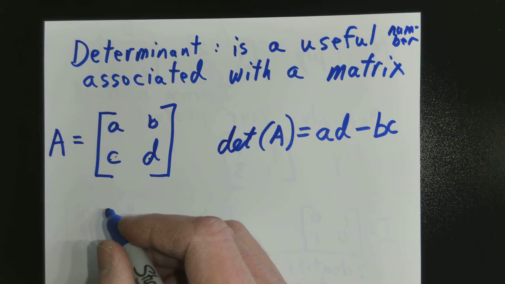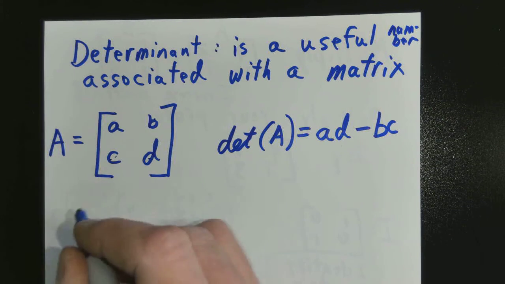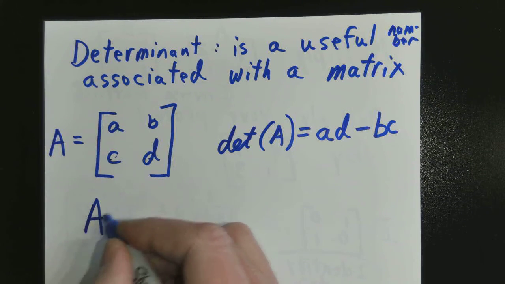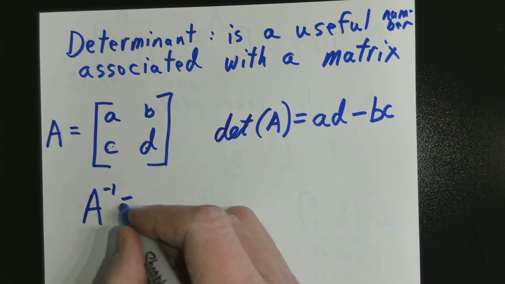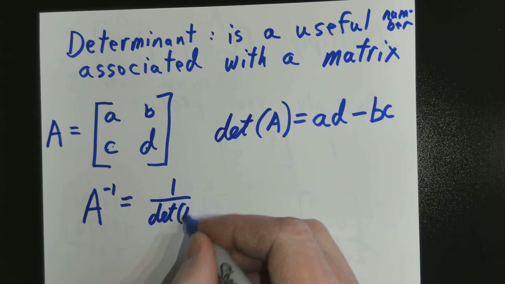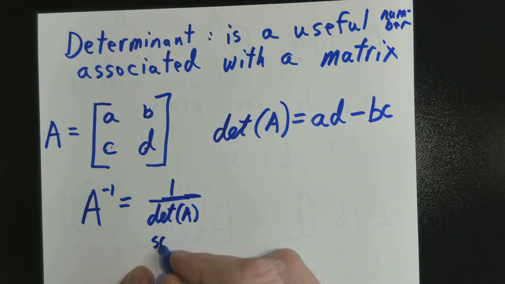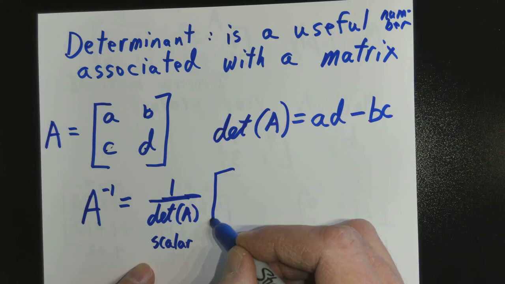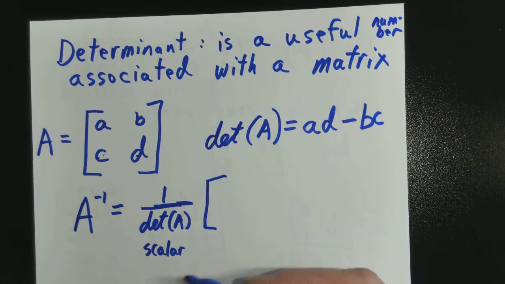So I'm going to use that to find the inverse of A. In order to find the inverse of A, I'm going to take 1 over the determinant of A. I'm going to use it as a scalar. Remember, a scalar is just a number on the outside of the matrix that we multiply the matrix by, distributing it over each cell in the matrix.